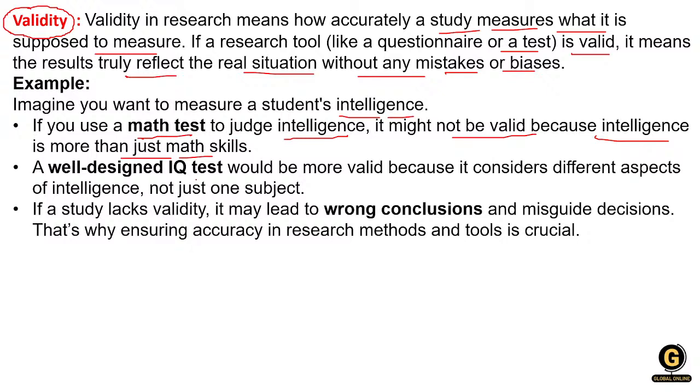A well designed IQ test would be more valid because it considers different aspects of intelligence, not just one subject. Getting it? So you are doing it accurately now. If a study lacks validity, it may lead to wrong conclusions and misguided decisions. That's why ensuring accuracy in research methods and tools is crucial.